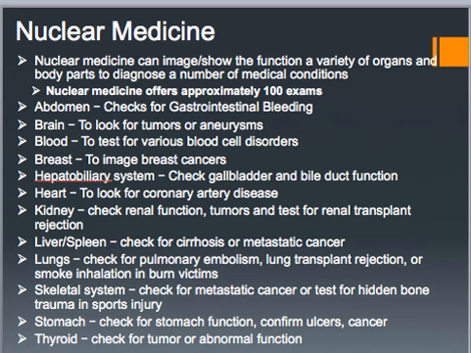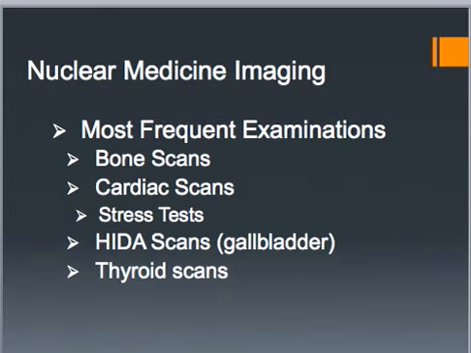The most frequent exams, though, are going to be a bone scan, which again can diagnose a number of different bone conditions. The cardiac scan, which can evaluate the heart for coronary artery disease and cardiomyopathy. The stress test shows blood flow to your heart while at rest, and then stress to show damage or poor flow even.